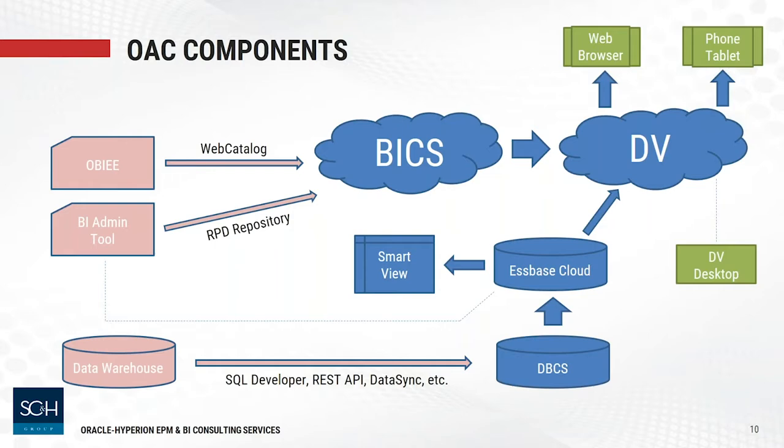Over here in the pink, we just have some of the legacy components of how they could get migrated up into an OSC type environment. And one interesting fact right now is the way that OSC connects to an EPM cloud application. It actually uses the legacy BI admin tool and the RPD repository to build that connection. You upload that to OSC.